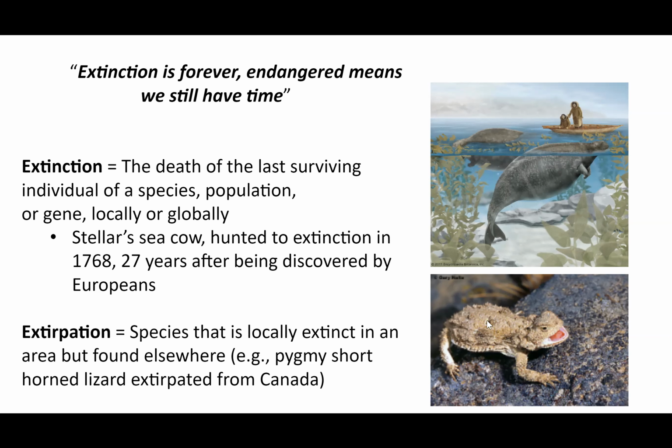Now, a more local example of extirpation is actually the rattlesnake. The eastern rattlesnake used to be found in Massachusetts in the Boston area, but because people didn't want rattlesnakes in a heavily populated area, we actually locally extirpated rattlesnakes from the eastern part of Massachusetts. So you really don't find rattlesnakes in eastern Massachusetts anymore, really only in western Massachusetts.